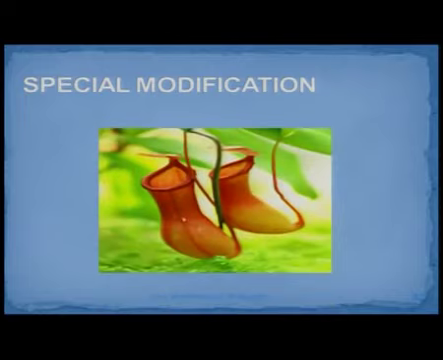This was about the normal modifications, and in some plants the leaves are modified to perform very special function. Can you identify this plant? This is pitcher plant. It is an insectivorous plant, and the leaves are modified in the shape of a pitcher. Whenever an insect sits on the pitcher plant, it is attracted and goes inside.